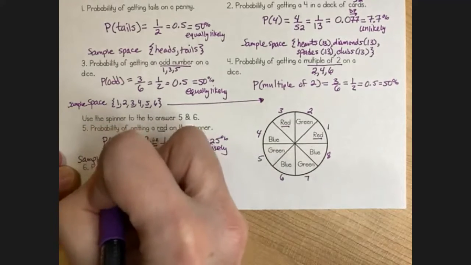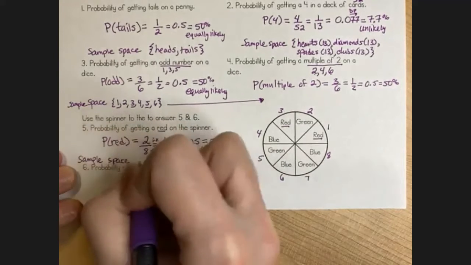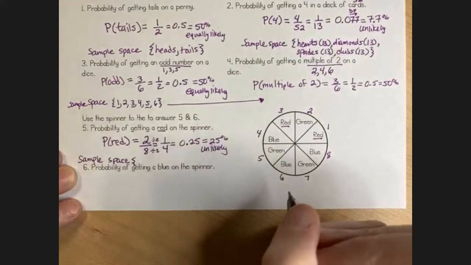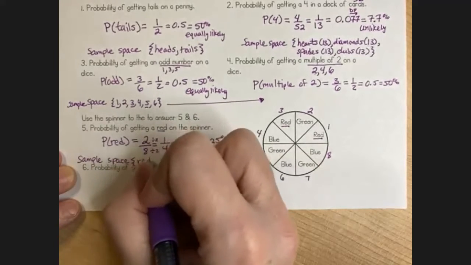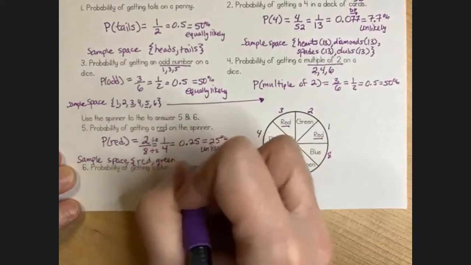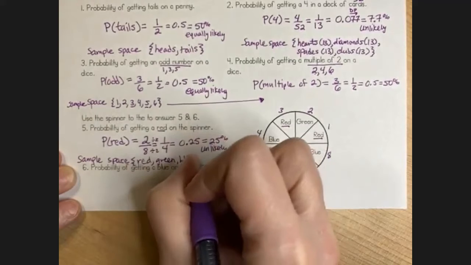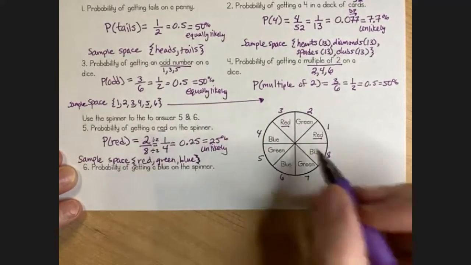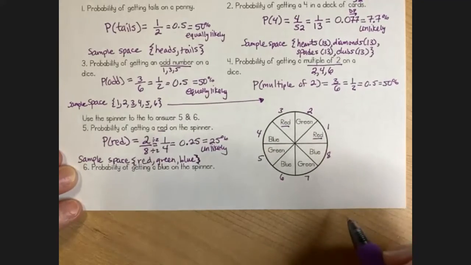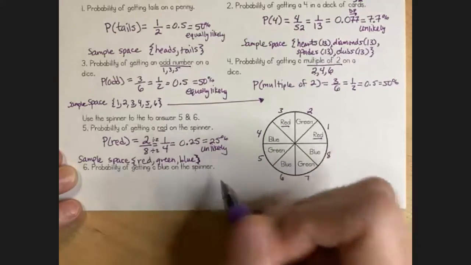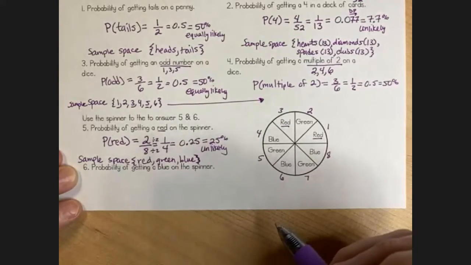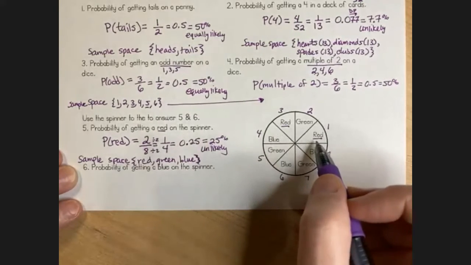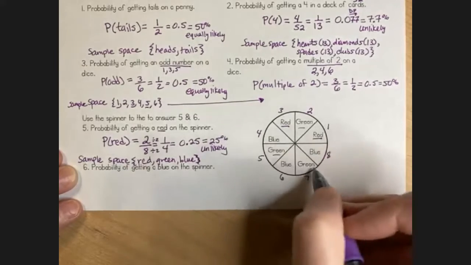If I were to list the sample space, it would be what could I possibly get? And the actual sample space is red, green, and blue. It just happens to be that you can get certain numbers of the colors there. That doesn't mean that there's 3 possibilities. You have red, you have green, 1, 2, 3 greens.